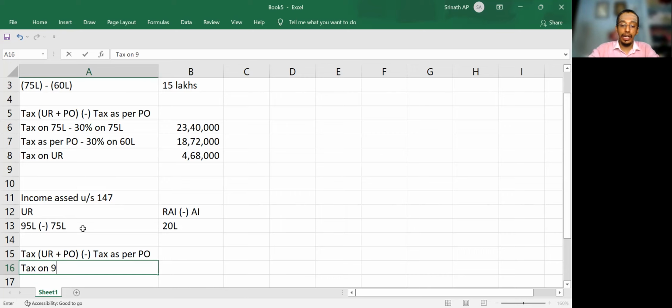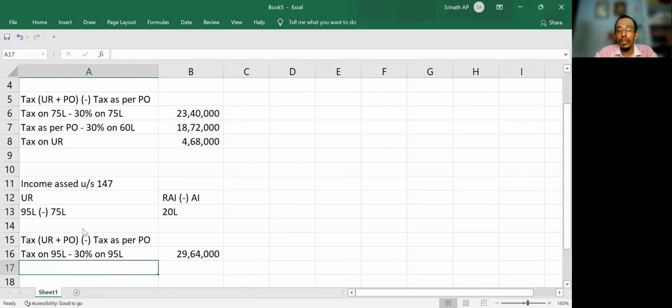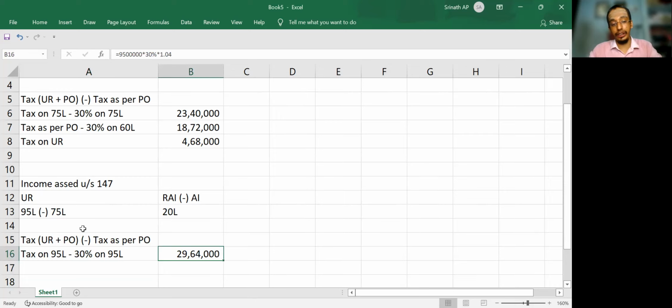So it will be tax on 95 lakhs, which is 30% on 95 lakhs. Again multiply by 1.04. That is the cess.